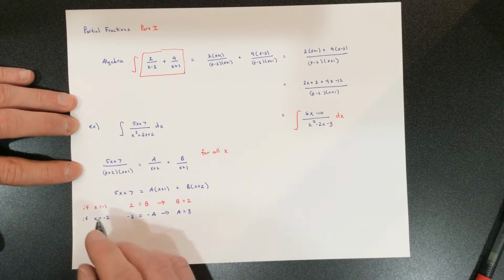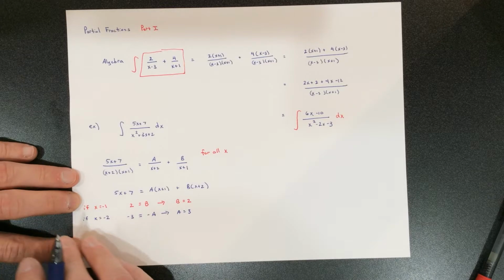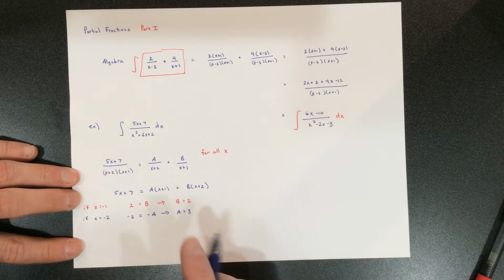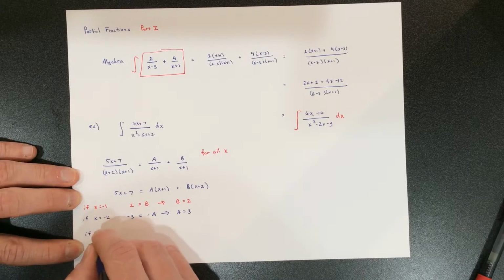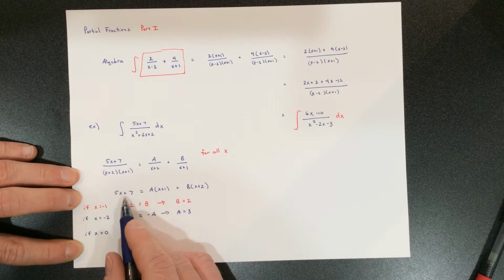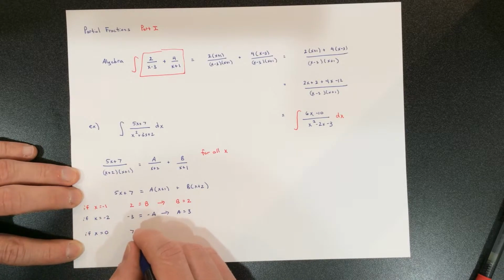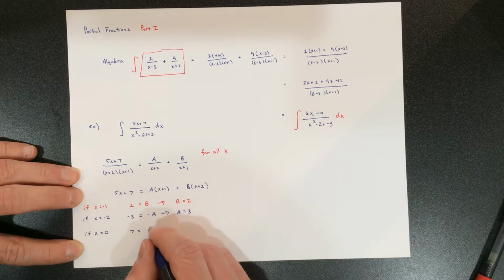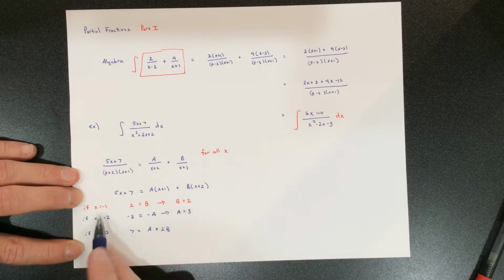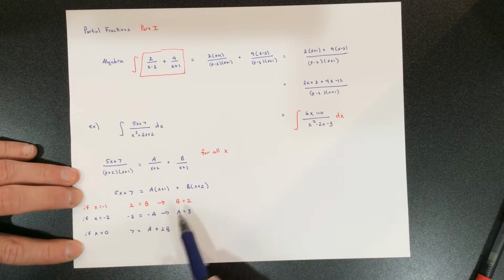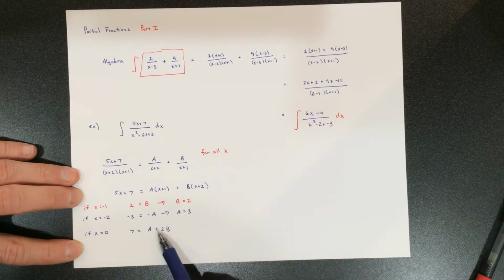And again, I'm just going to make sure you're okay with the fact that I could have picked any x value I want, and this is going to be true. What if I said, you know what, I'm not sure. What if x is 0? If x is 0, this is 7 equals a plus 2b. And I would have got two variables. Might as well pick x values that got rid of one, but look. A, 3 plus 2b is still 7 equals 7.